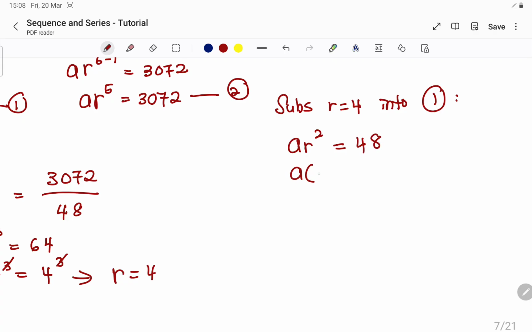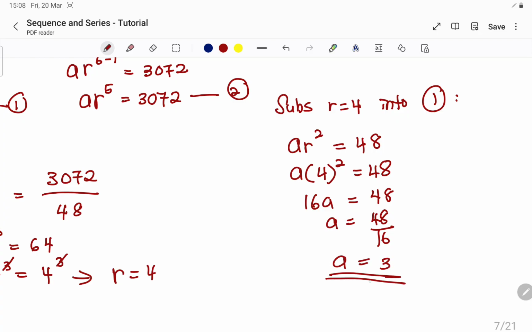So A multiplied with 4 squared equal to 48. Then you will get 16A here equal to 48. Then in order for you to find A, 48 divided by 16, the answer is equal to 3. So you get two values of A and R. A is equal to 3 and then R is equal to 4.